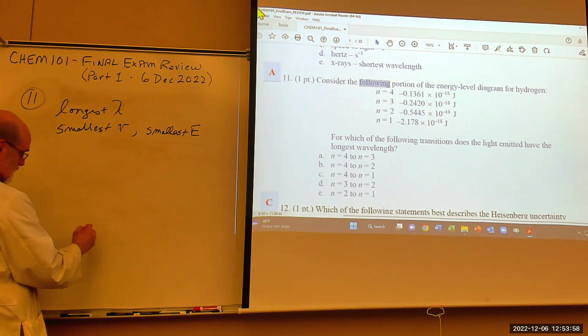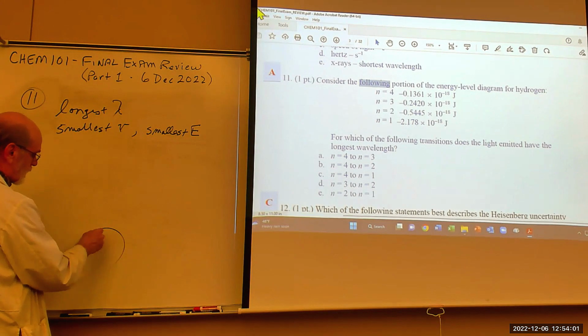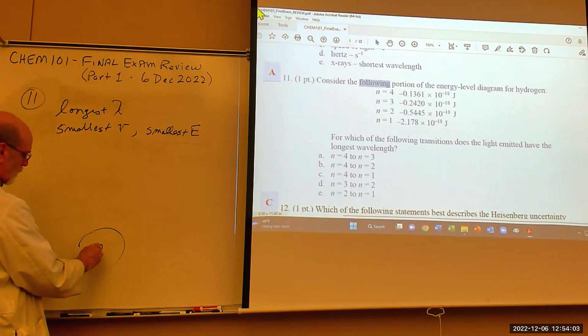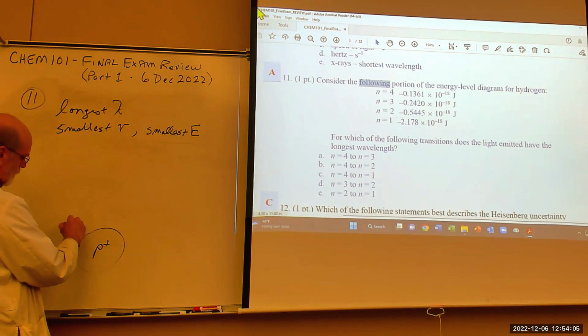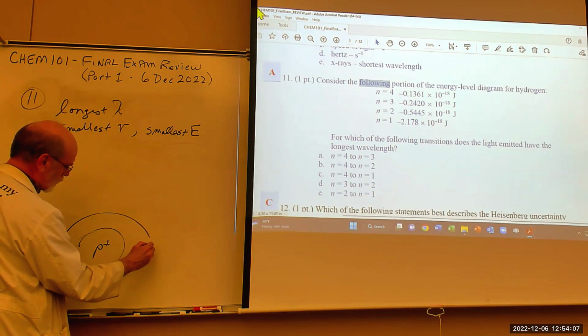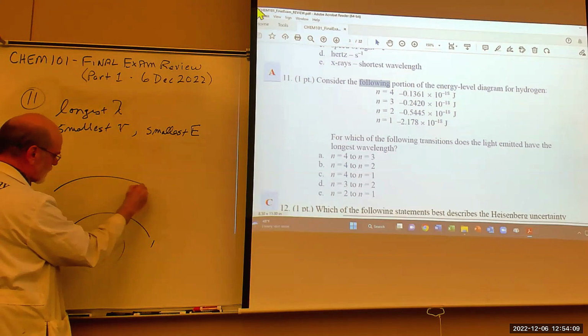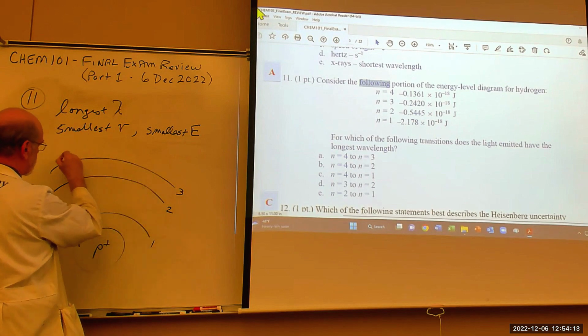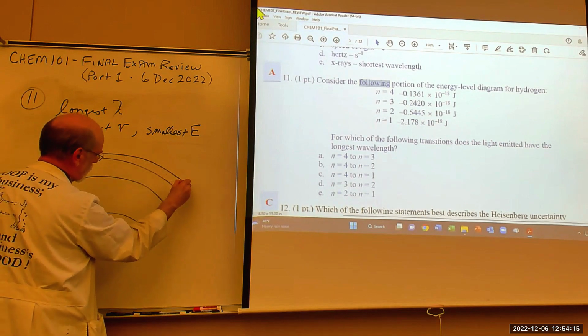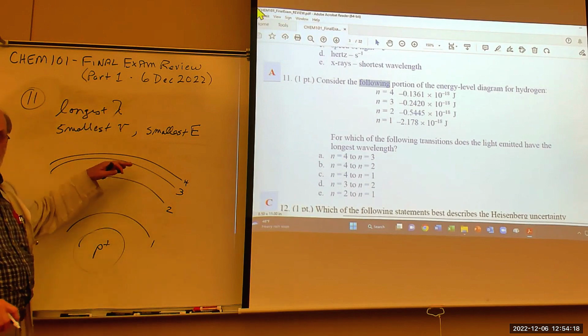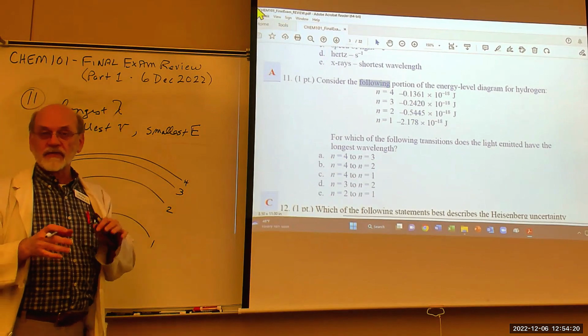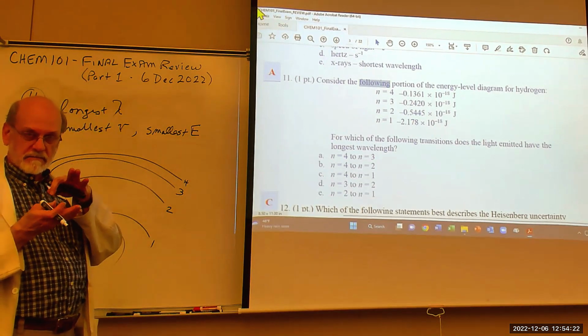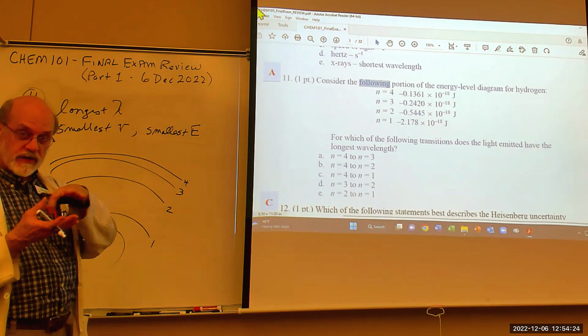So if we look, sometimes it helps to draw a picture. If we look at the nucleus here, and we've got 1 proton, and then we have a level here that's n equals 1, and then we have a level here that's n equals 2, and then 3, and then 4. Notice as you get farther from the nucleus, the energy levels get closer together.